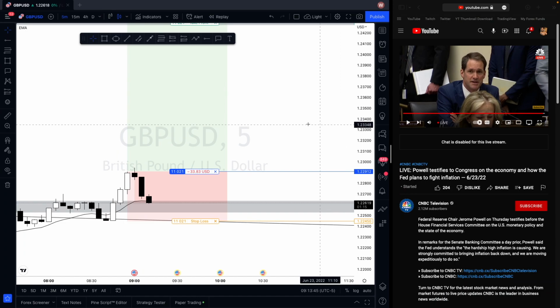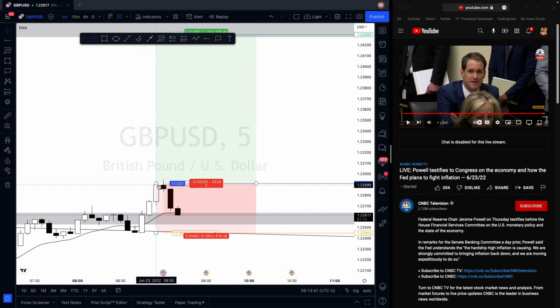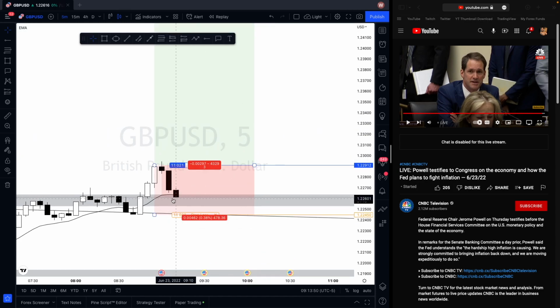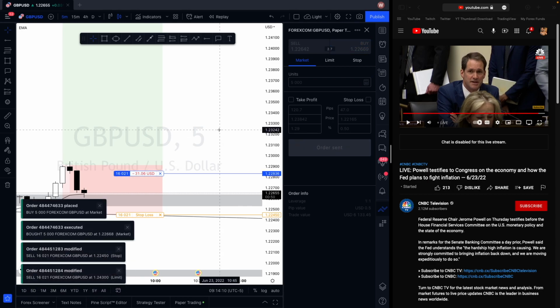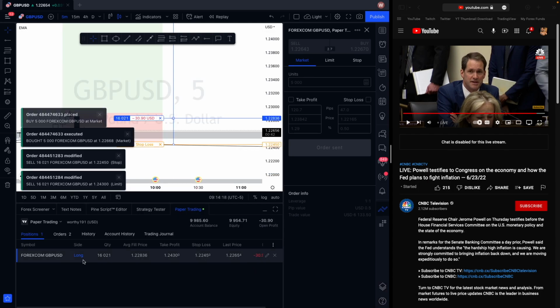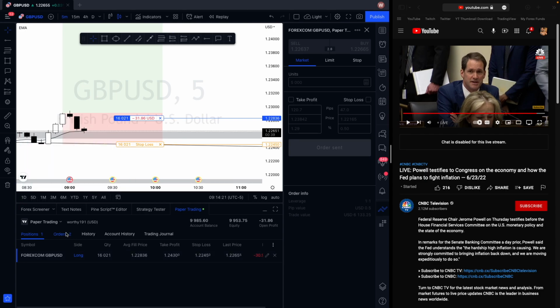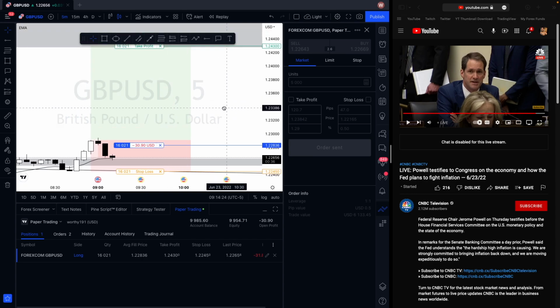All right, so we entered here. We are in drawdown, coming down past the EMA, so I'm going to go ahead and close about half of it. Well, I did not mean to do that. I just added on.